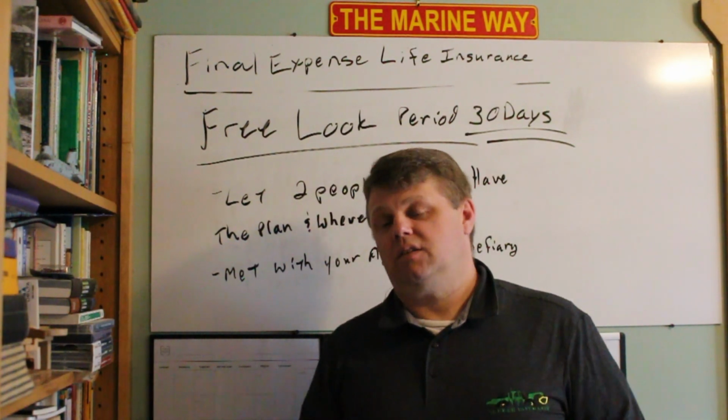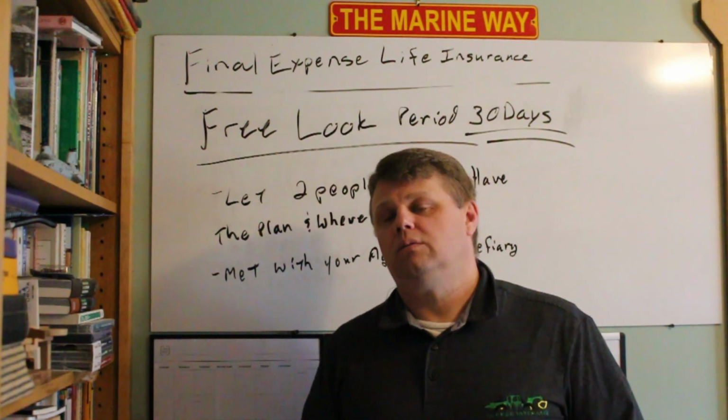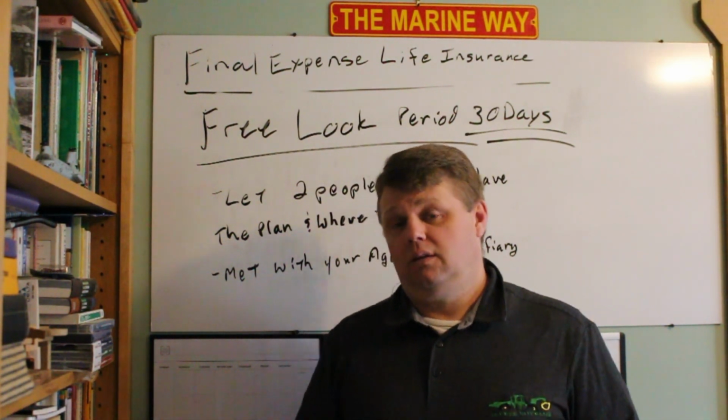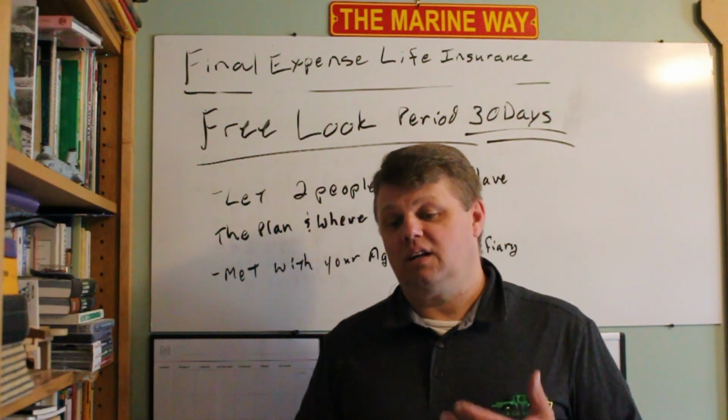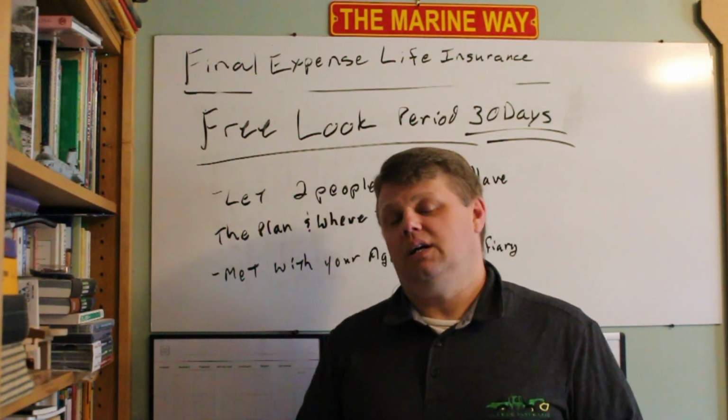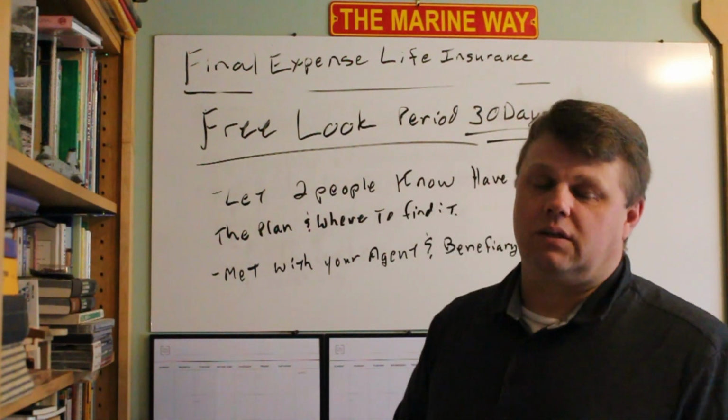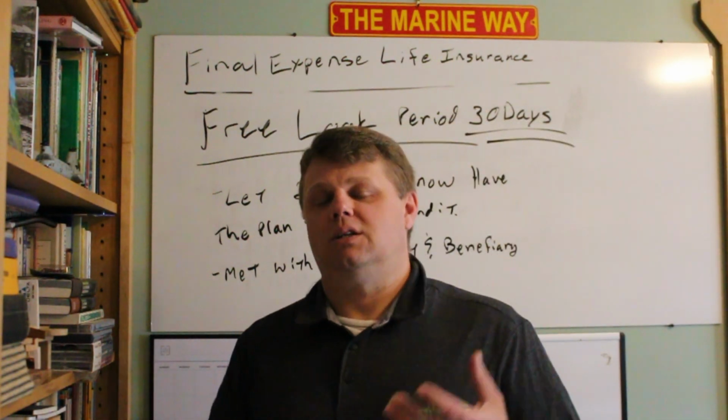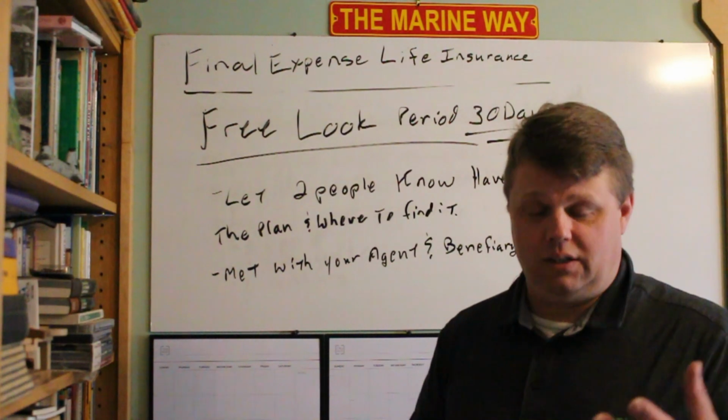Your beneficiary gets to know who your agent is, knows who to call when you do pass away. They're not freaking out. They're not trying to figure these things out. And they have a relationship so that the agent can help process the claim and get your loved ones the money that you wanted them to have.